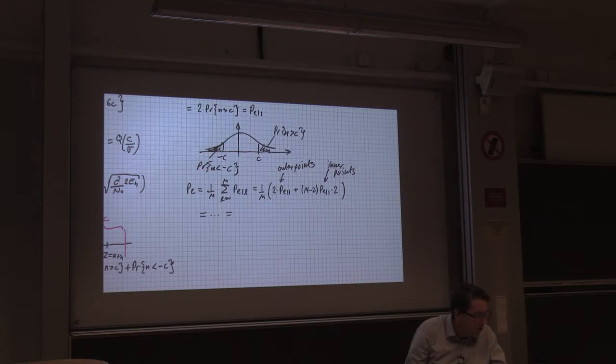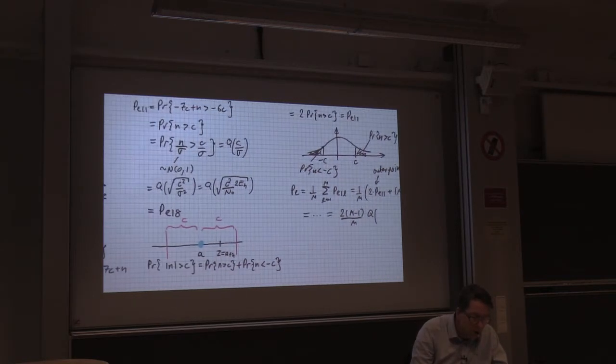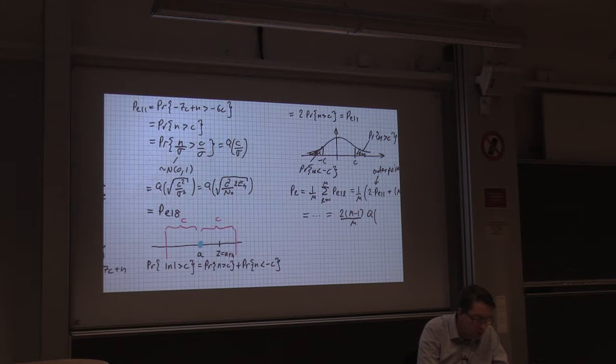And at the end of the day, we get 2 times m minus 1 divided by m of these Q functions. And what is the argument of the Q function? Well, we said earlier that the argument of the Q function is c squared divided by sigma squared.